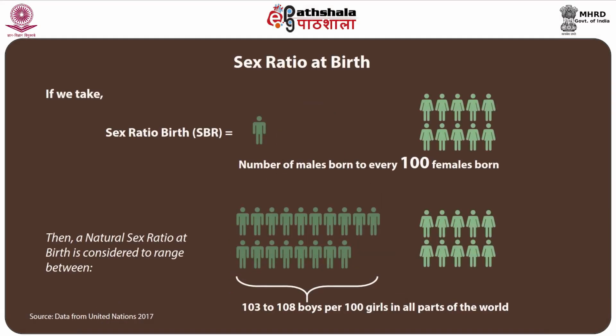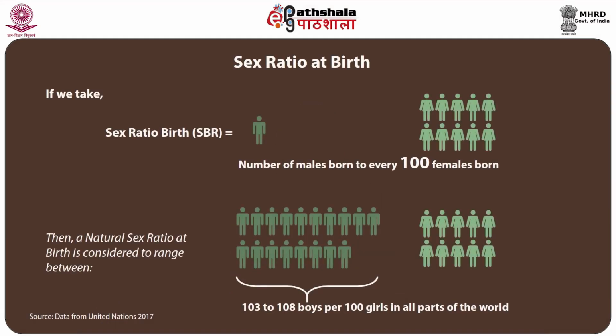The sex ratio at birth is represented by the female births born to every 100 males in India, while, as already pointed out, it is represented as the number of males born to every 100 girls in other parts of the world.